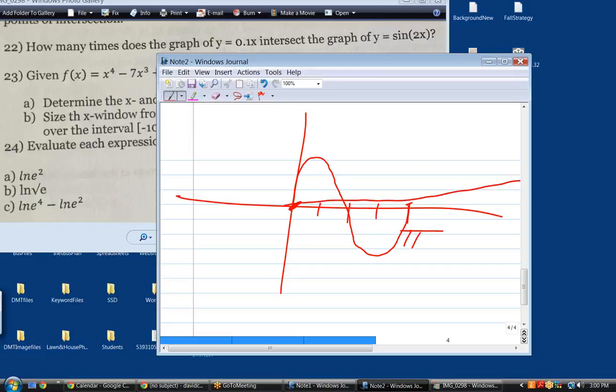However, notice that my sine of 2x goes on forever. So there's going to be multiple points of intersection, until they get past x equals 10.